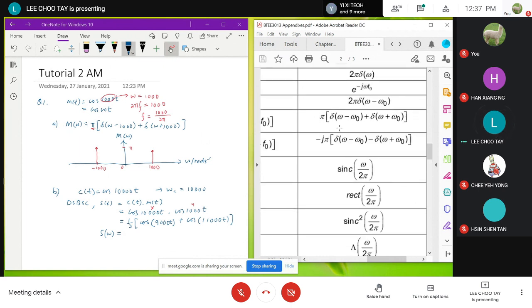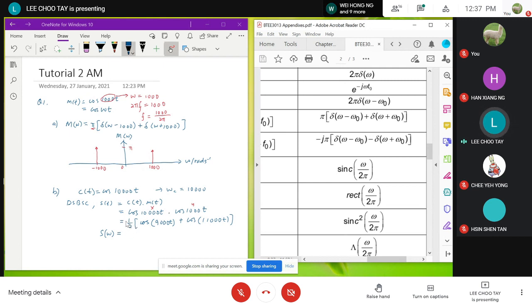Okay, this one here. Now I have two cosine terms. If you look at the previous conversion, when I have one cosine waveform, I have two delta functions. That means with two cosine waveforms here, I'm going to have four delta functions.